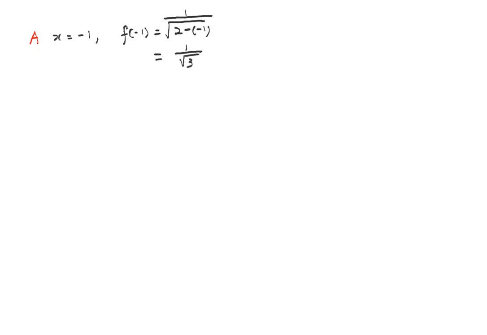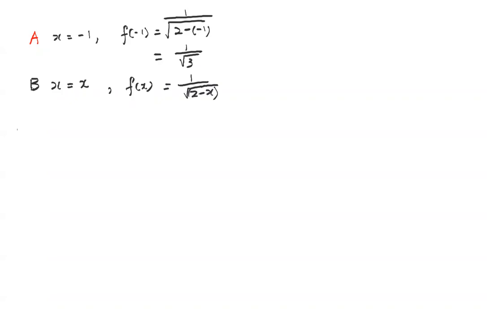Right? Point B, my x is equal to x. So my f(x) will be equal to 1 over square root of (2 minus x). Put in bracket, please.